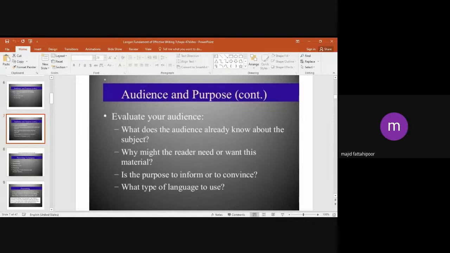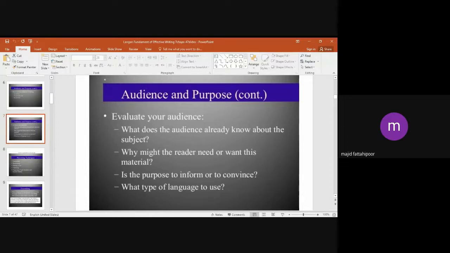So it's my responsibility as an academic writer to find that middle ground, where my audience can understand, get amused, and somehow be encouraged to act upon that.